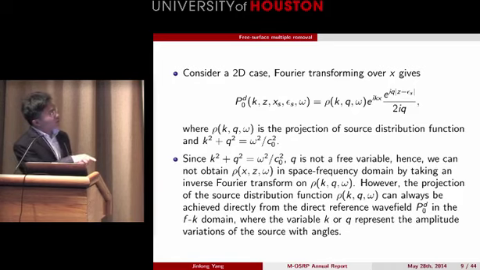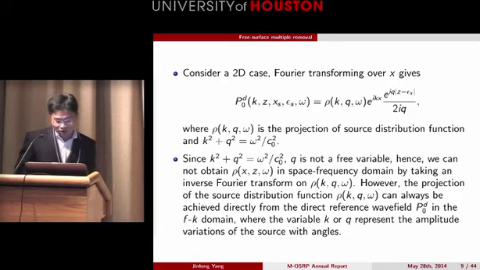We have this constant, 1 over Q of K, and since Q is not a free variable, we cannot get the total source signature in the x-omega domain. But the projection can always be achieved from the direct reference wave field P0D. And this Q of K represents the amplitude variation of the source with angle.